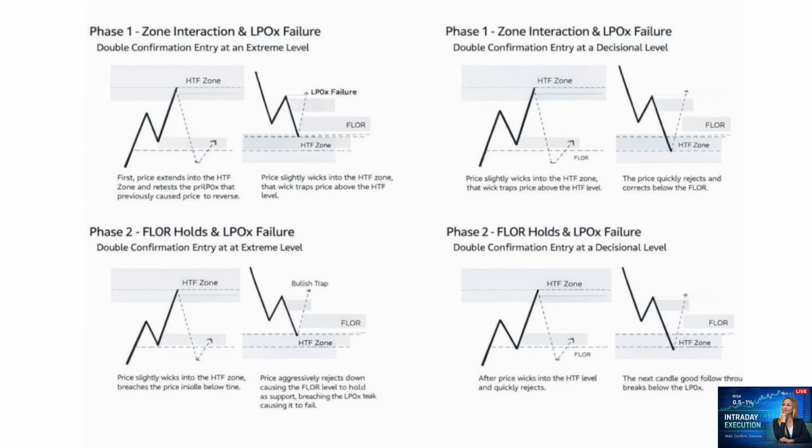There is no definitive conclusion on whether to use one level over the other, but these criteria provide us with strong confluences and guidelines to approach an entry at either the extreme or decisional levels. This emphasis on a repeatable process is also going to help us simplify our trading.